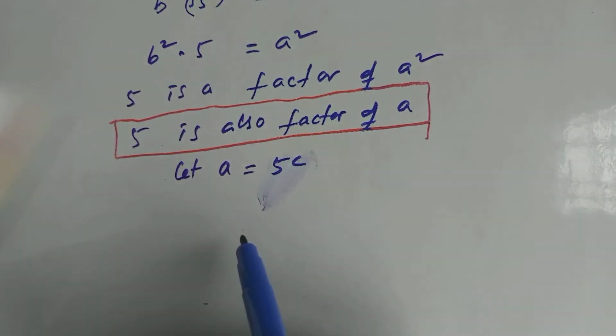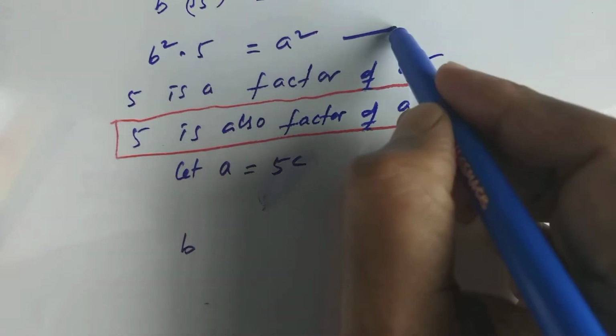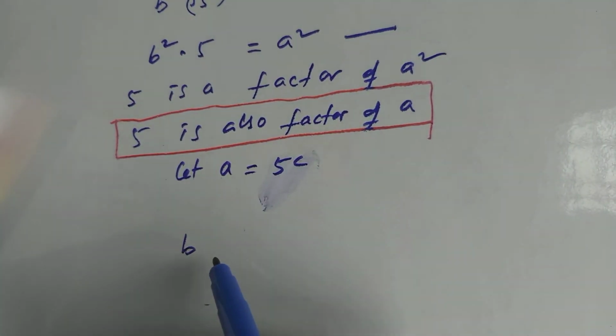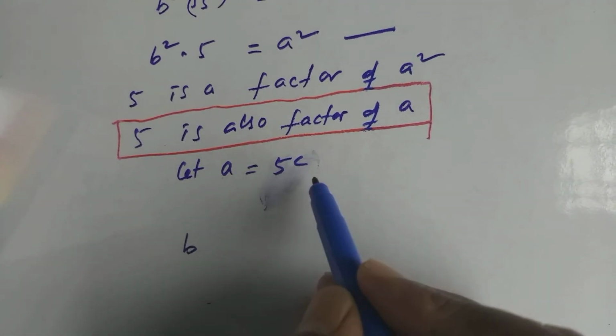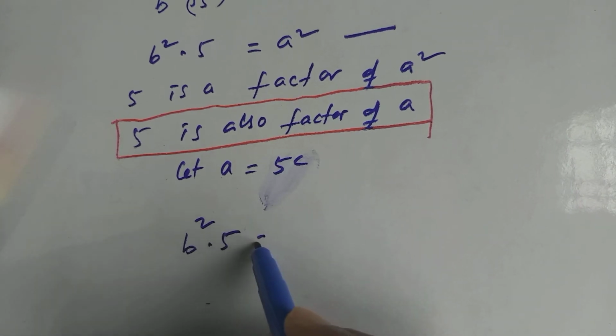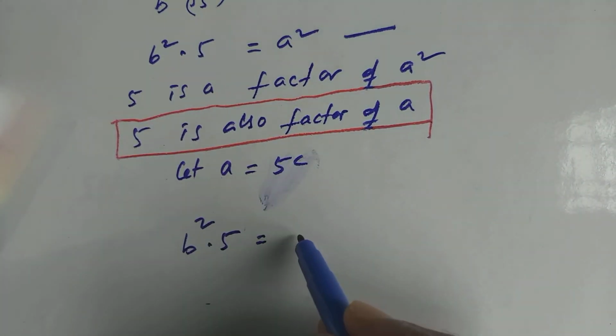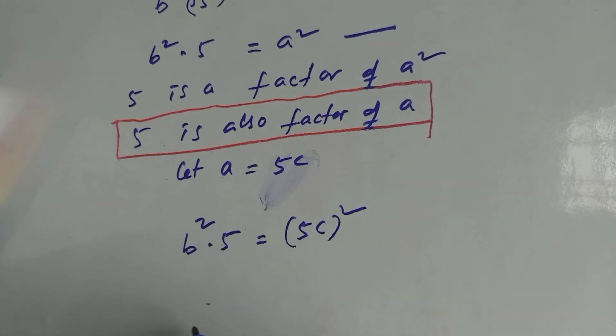So I am substituting this in b square. Otherwise you can write a square equal to 5b square. So b square into 5 is equal to a square, and a means 5c whole square.